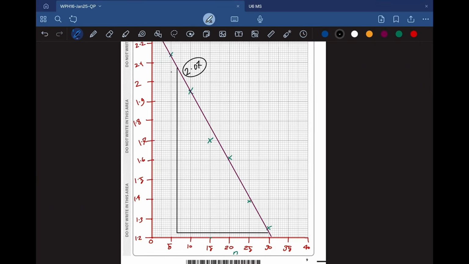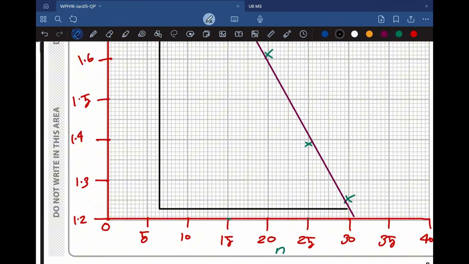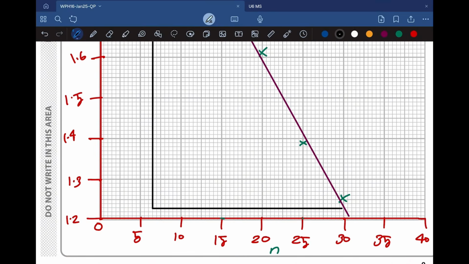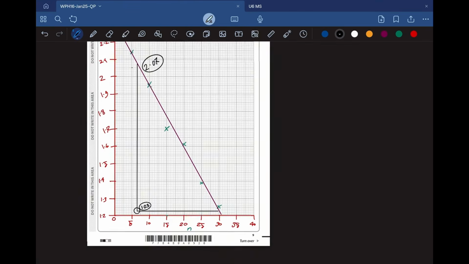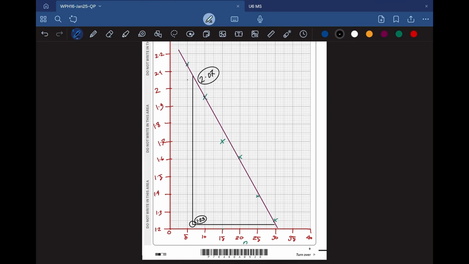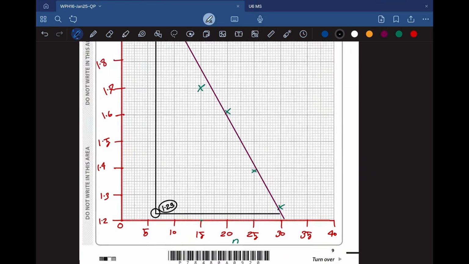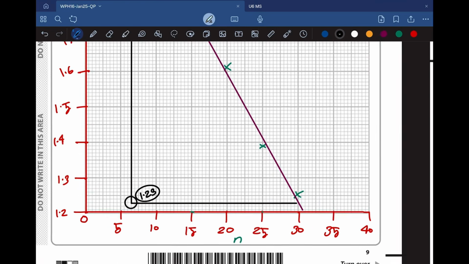And if this is 2.07, this part is actually 1.21, 1.22, 1.23. So it is going to be 1.23. So these are the two y values, 2.07 and 1.23. Now let's take the corresponding x values.